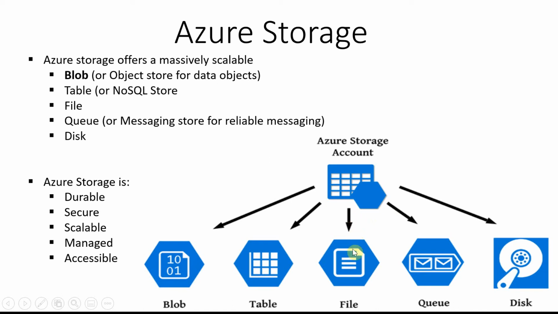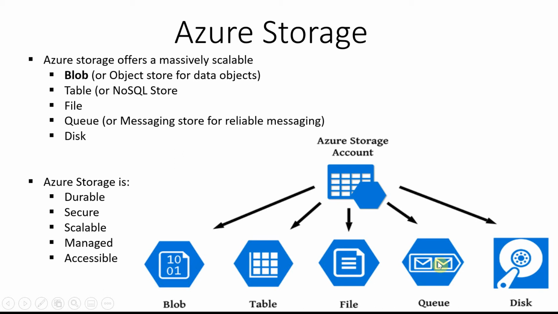And let's say you want to have typical files. Then file storage is an option for you. Queue is the odd man out in this, but it is also classified as storage, where it primarily works on a messaging concept.